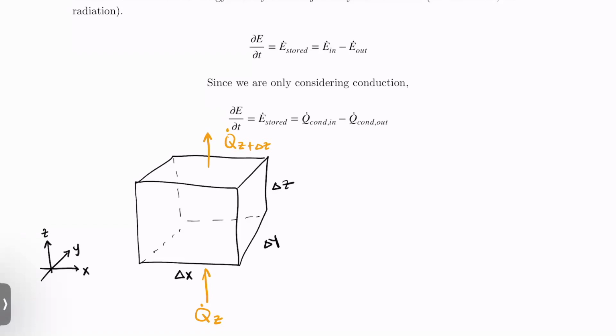We can do Q dot in the X direction. So we have q dot x, and then q dot x plus delta x. And then last but not least, we have our y direction heat flux. So we have q dot y, and then out the back, we have q dot y plus delta y. If you look at our box, all of the q dots pointing toward the box are going to be our q dot ins, and all the ones leaving are our q dots out.